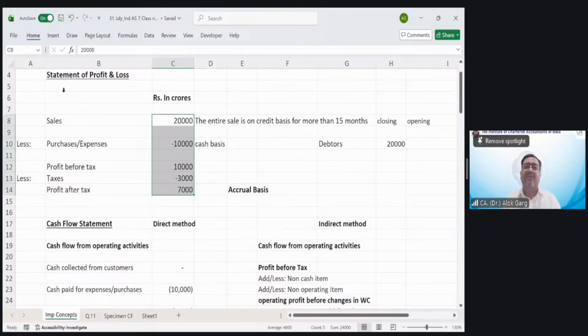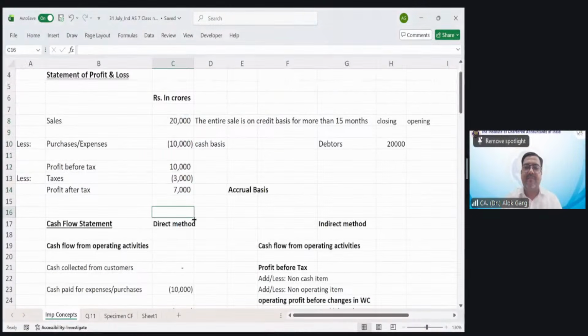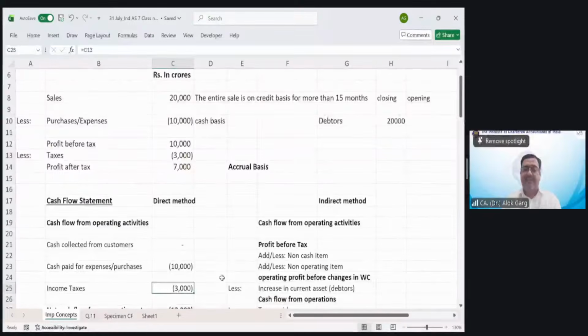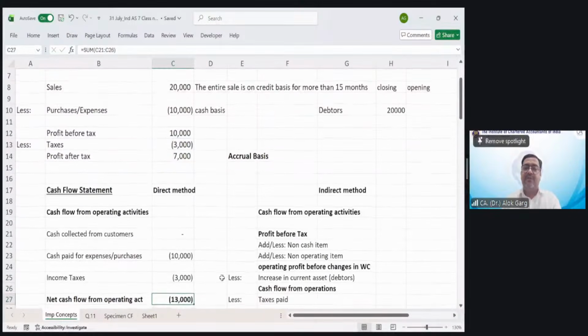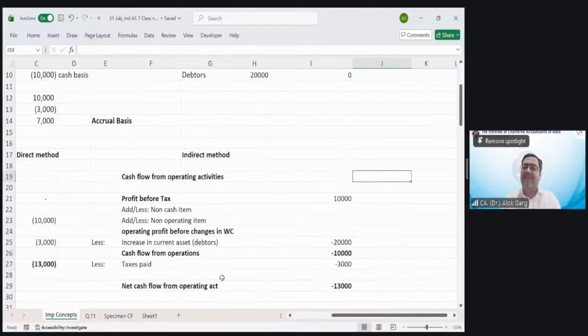You remember the example we discussed in the beginning? I hope you understand what I'm trying to say. So cash collected from customers is zero, but cash paid for expenses and purchases is 10,000 crores. Income taxes paid are 3,000 crores. So net cash flow from operating activity is 13,000 crores negative. This is the direct method. What is the indirect method? In the indirect method, you always start with profit before tax.